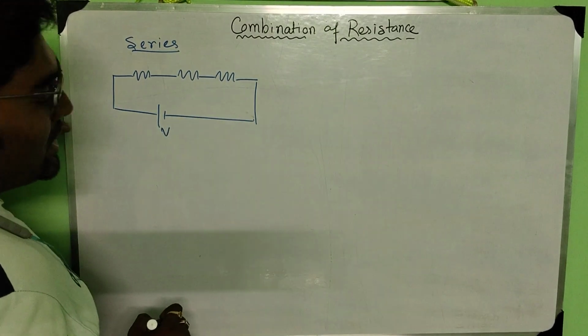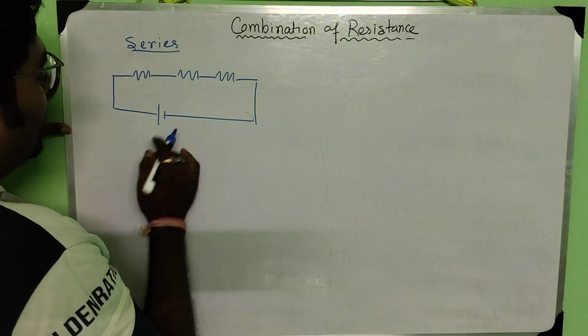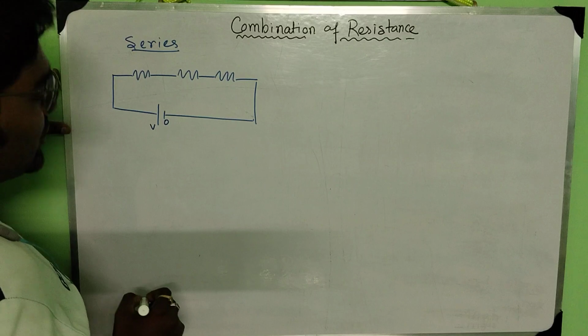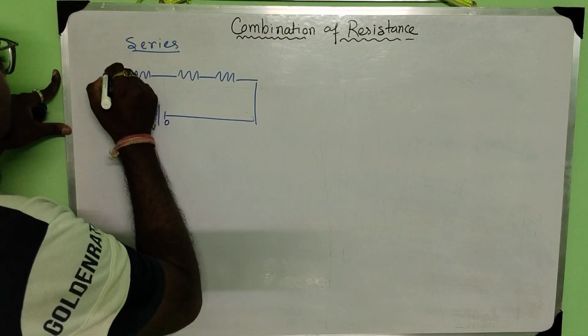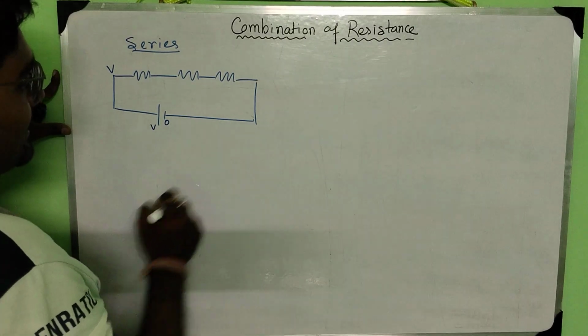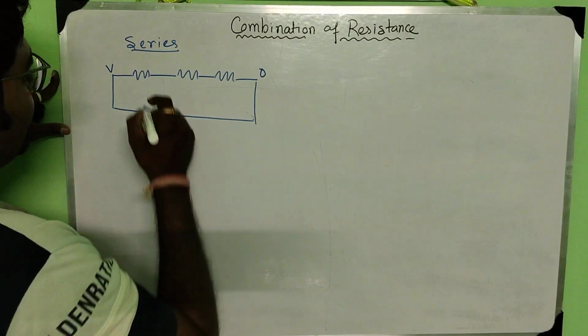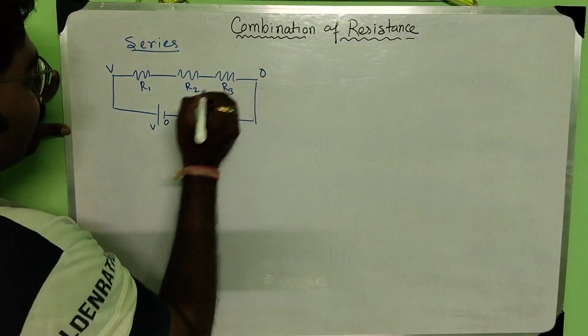Now the potential of the battery is V, that means this terminal is V and this terminal will be 0. Suppose this is R1, this is R2, this is R3.